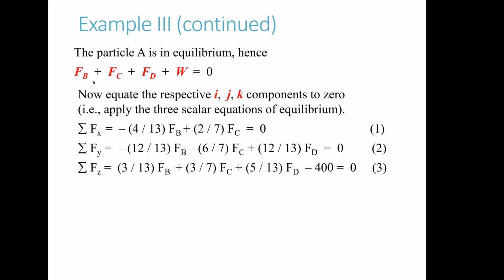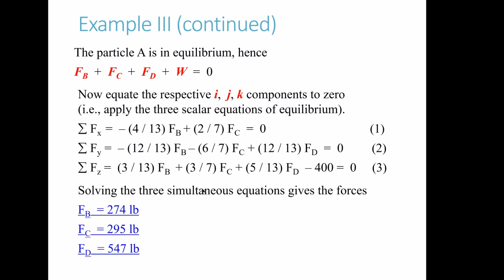Continuing on, we write the equilibrium equation. Of course, the summation of all the force vectors is going to be equal to 0. So then you can do the x components, or the i unit vectors, the y components, and the z components, okay? And then you can solve the 3 simultaneous equations for these forces.